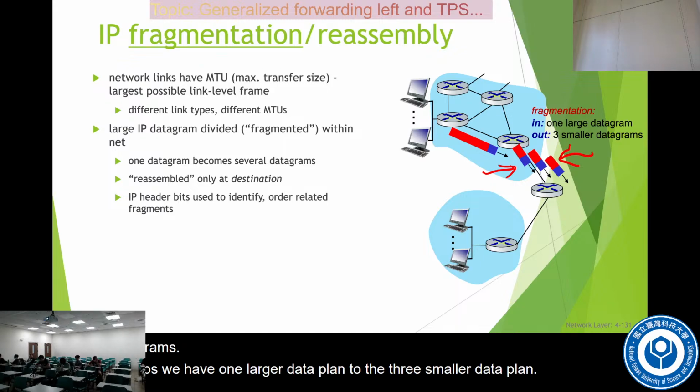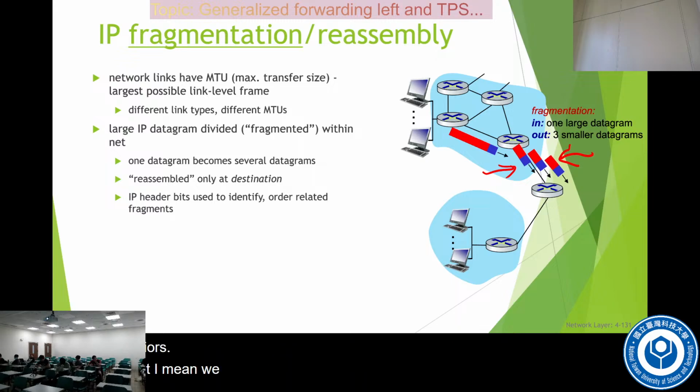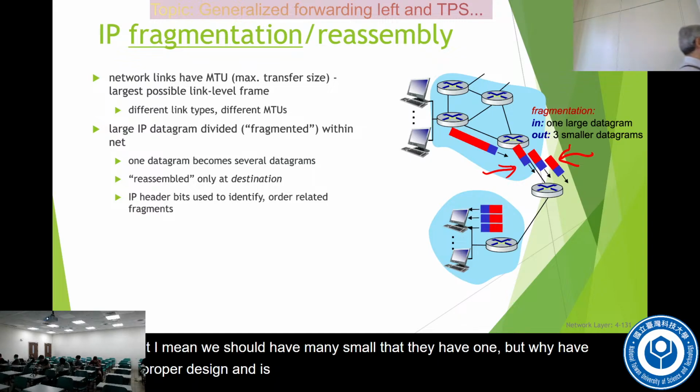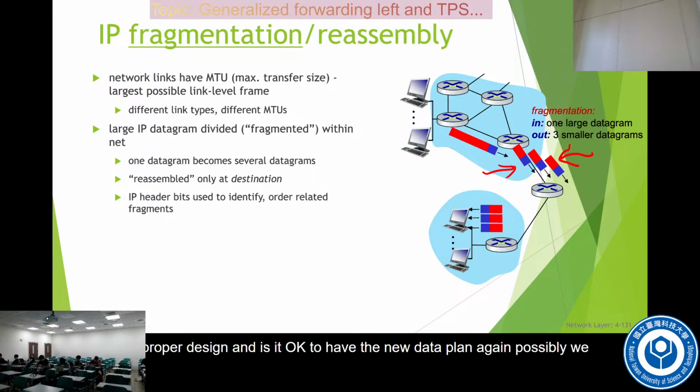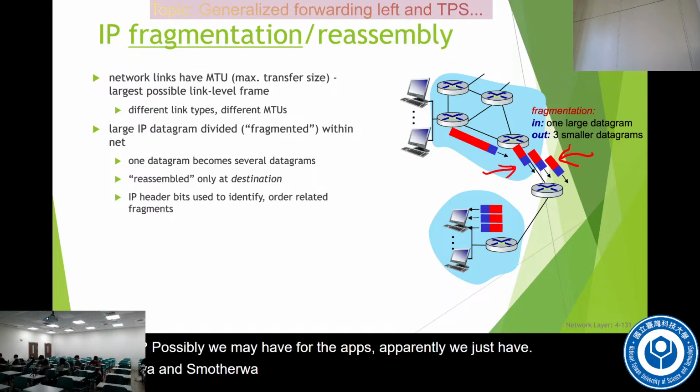With the smaller datagrams, we have overhead because we have the headers, so it doesn't mean we should have many smaller datagrams. We will have a proper design. Is it okay to fragment the datagram again? Possibly. But currently, we just have a larger one and smaller ones. We have 2 sizes here.